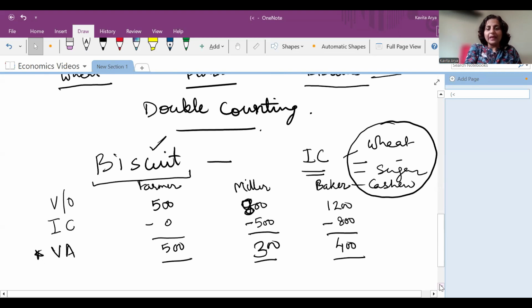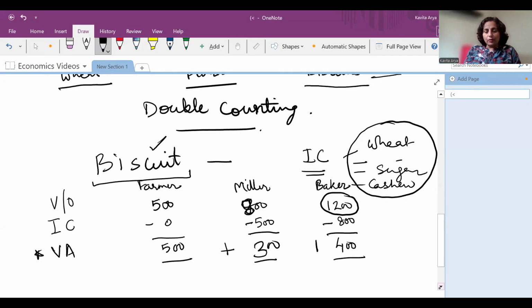So this method altogether tells us that there are two solutions to avoid the problem of double counting. Either we go for the final value, and the final value of output is this, or we go for addition of the value addition at all the stages. So that is 500 plus 300 plus 400, that is equal to 1200. So whatever way you do, there are two remedies to the problem of double counting.